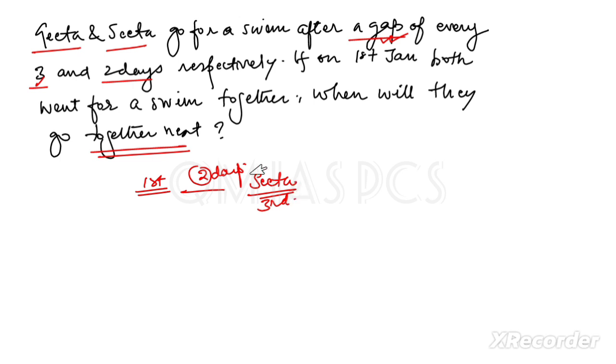And Geeta goes after 3 days gap, which means she goes on the 4th day. Actually, in many practice questions it is stated that they go on the 4th day or 3rd day, and it is not given as a gap.